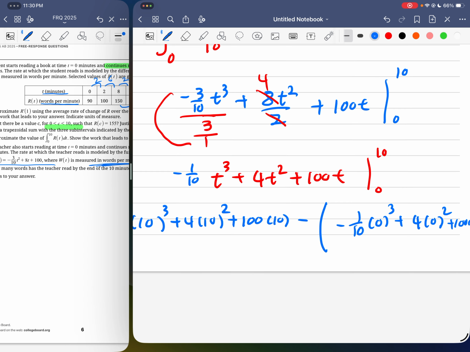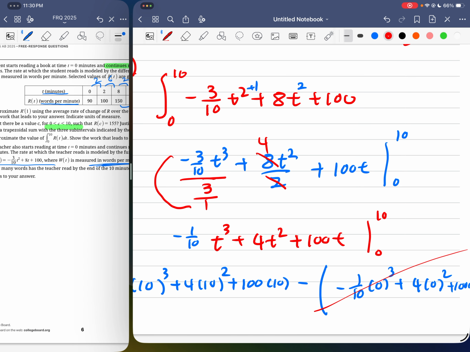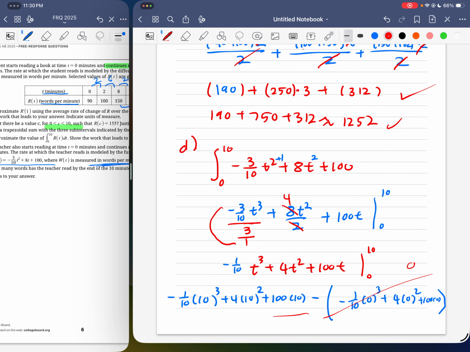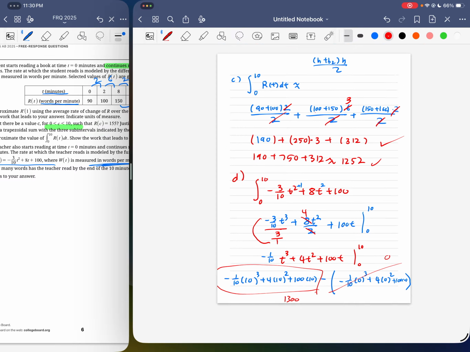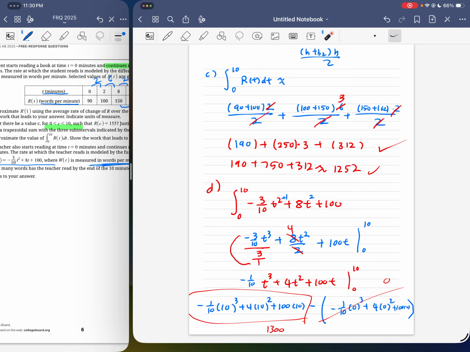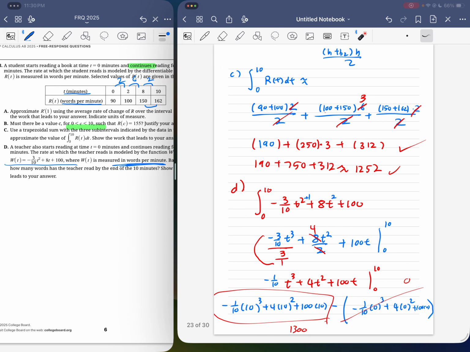So as you can see, this whole thing becomes 0, right? So your answer is going to be only this portion. Do I have to simplify everything? I don't have to, because if I were you, I'd just let the grader do it. But if you simplify everything, it's going to be 1300, but answer-wise, I would just leave it like this, okay?